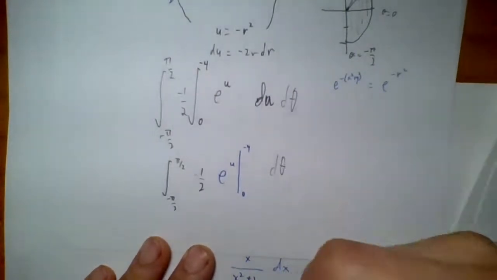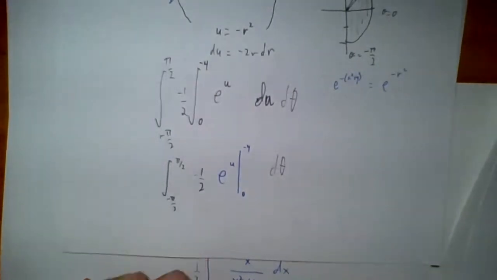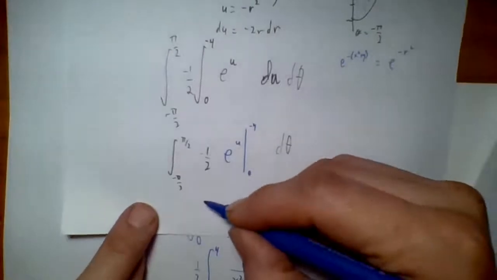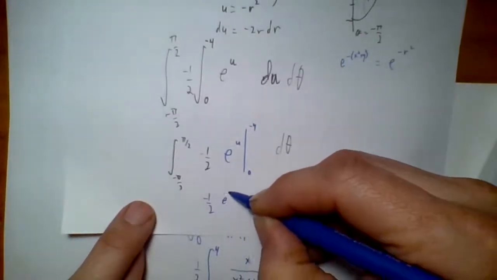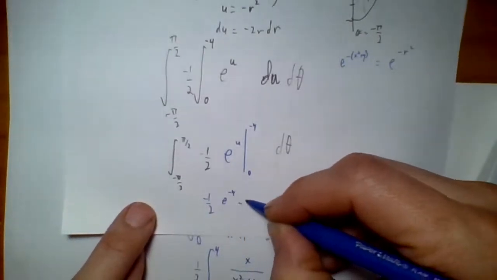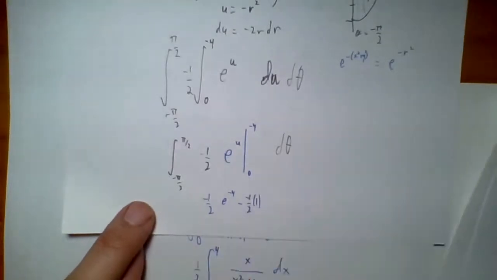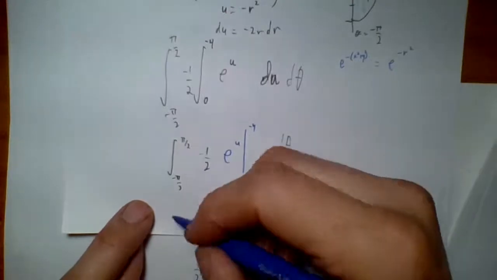And then I'll work on the d theta part. Let me finish this one off, I guess, since I'm this far along with it. That's going to be negative 1/2 e to the minus 4 minus negative 1/2 e to the 0, which is 1. So that's a plus 1/2.